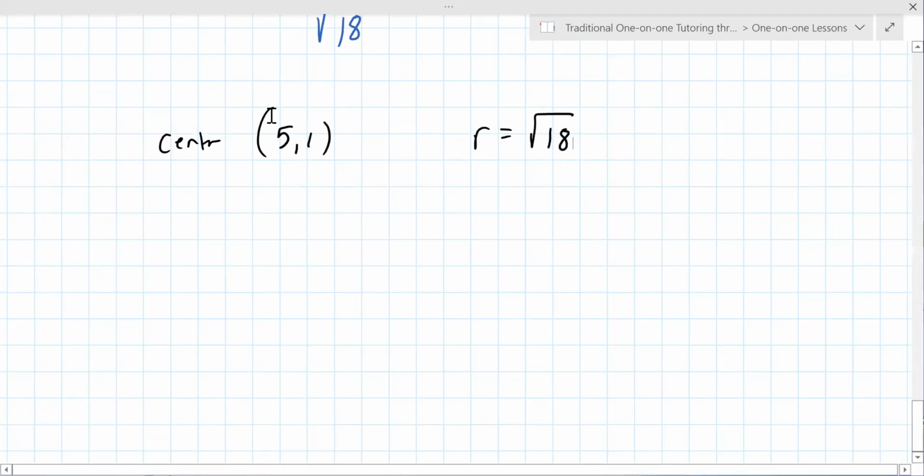All right. So what is the radius squared? What happens when you square a square root? The square undoes the square root. So what is the result when you undo the square root?